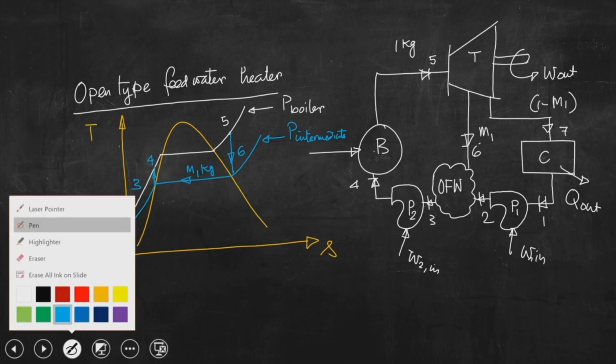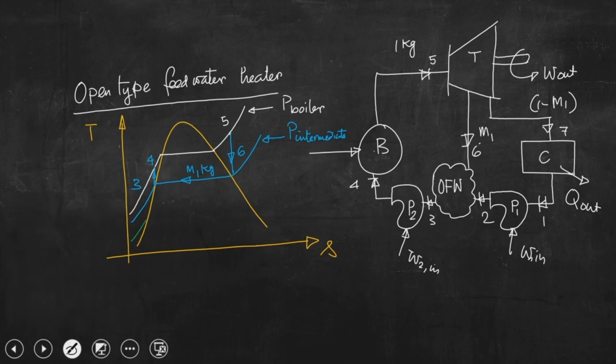If we try to draw the condenser pressure over here, this is P condenser, and this is point 7. The state at point 1 is saturated liquid, so this is point 1, and it will be pumped back to point 2. So, this is point 2, from 1 to 2.